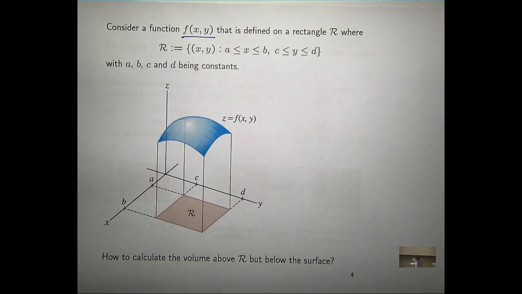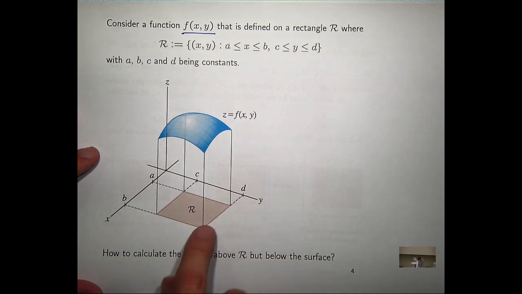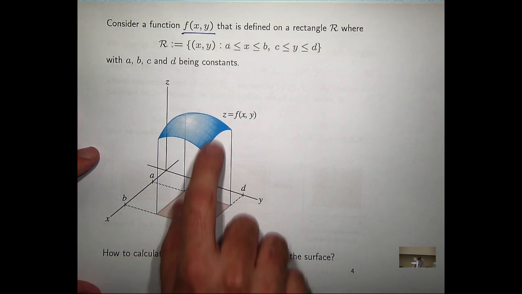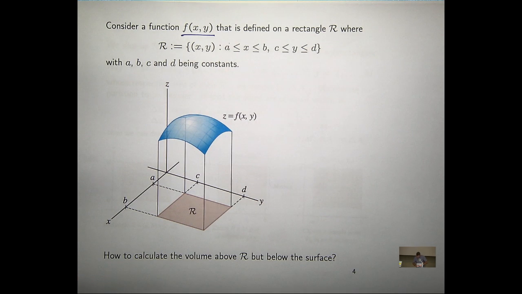Essentially, we can form a solid that lies above the rectangle but below this curved blue surface. A fundamental question here is, how do we calculate the volume of the solid that lies above the rectangle but below the surface? That's a fundamental question that we're going to look at, and I'm going to use double integrals to do it.